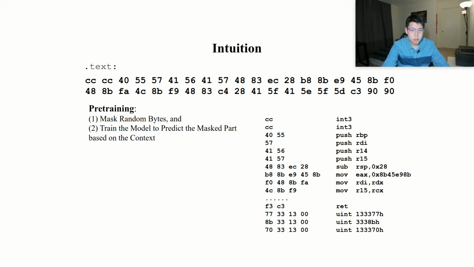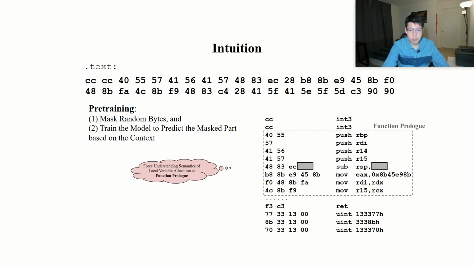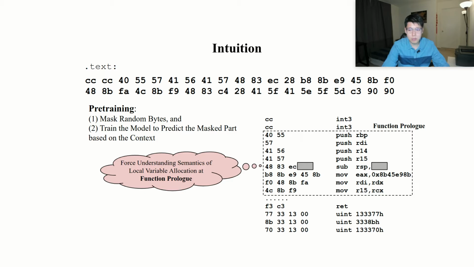Now assume the byte part is masked. In order to predict it, the model is forced to understand the semantics of local variables allocation and search in the context of later usage of allocated local variables. Since such an operation often happens at function prologue, learning this knowledge can be useful to detecting function start.